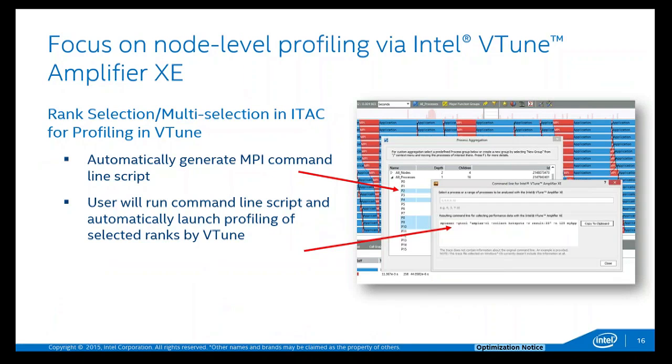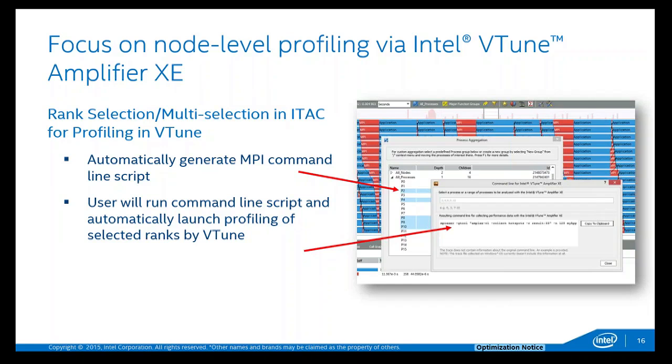But if, on the other hand, the snapshot tells you that you're okay on the MPI side, and what you really want to focus on is some optimization on the OpenMP side, or maybe you have too much serial execution in your application, then you can run VTune Amplifier XE.